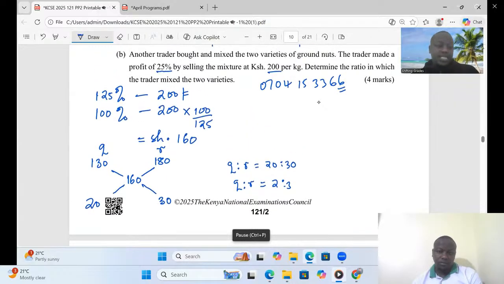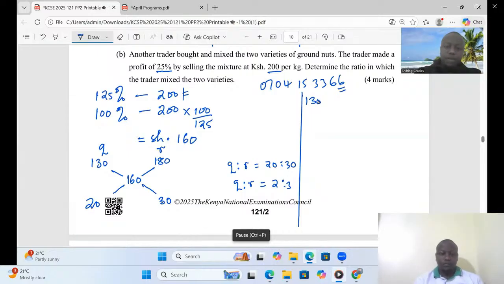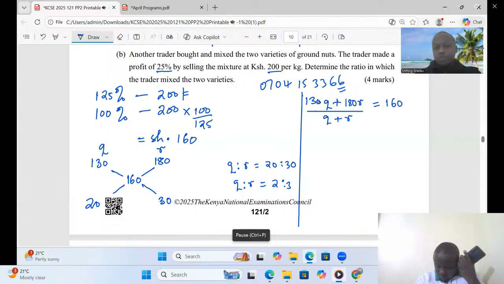So you can use that method, or you can say that 130 multiplied by Q plus 180 multiplied by R is the total cost of the mixture. When we divide by the number of kilograms in the mixture, which is Q kilograms for type Q and R kilograms for type R, we shall get 160 as the cost per kilogram.